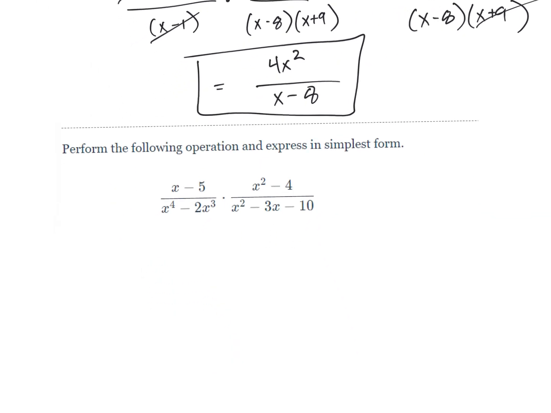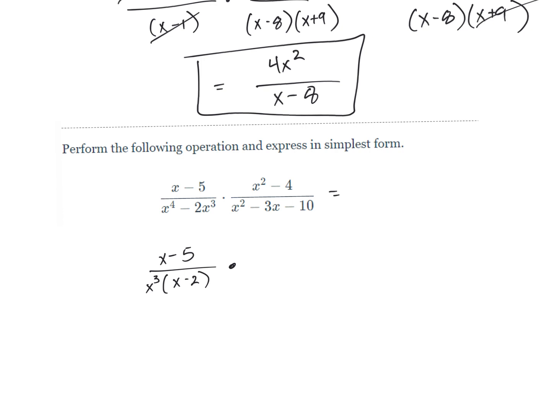So the bottom: perform the following operation, express in simplest form. So again, before you combine it, I would say factor each individually. So the left fraction, x minus 5 on the top. The bottom one, I think that's a GCF situation. Two terms. What pulls out from both? I think it's x cubed. So we're left with x minus 2 in the parentheses.